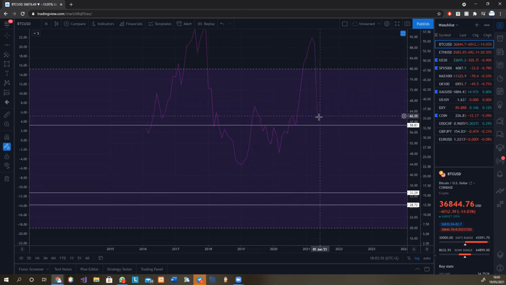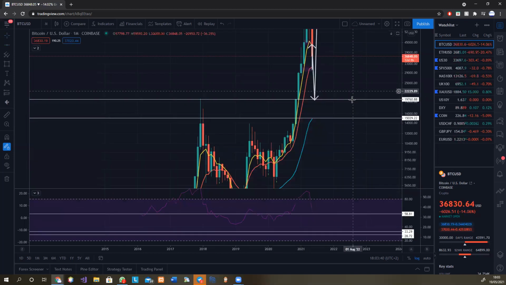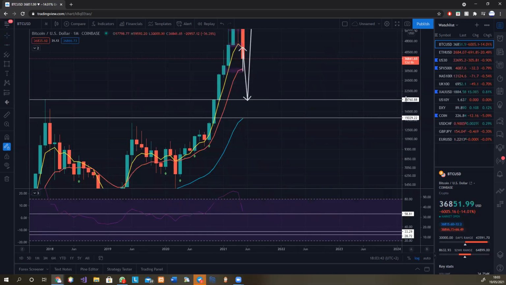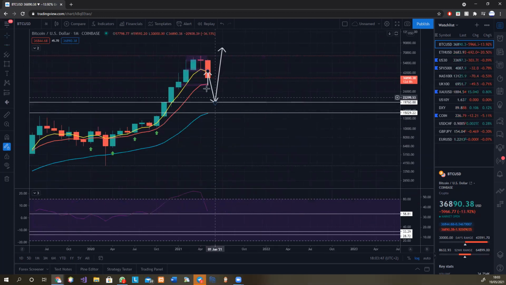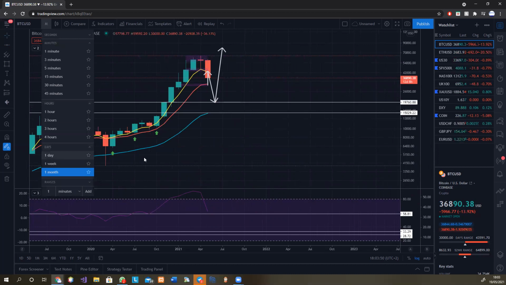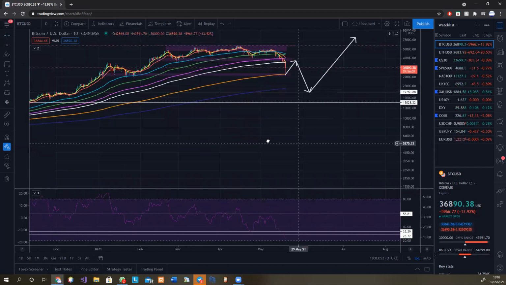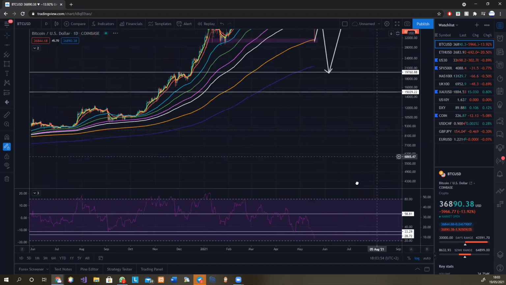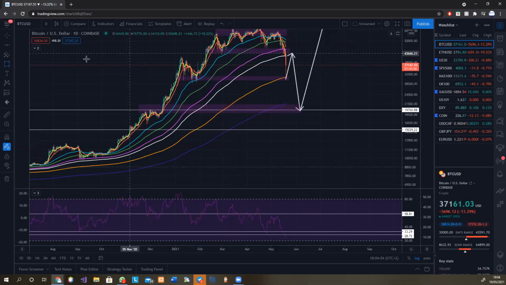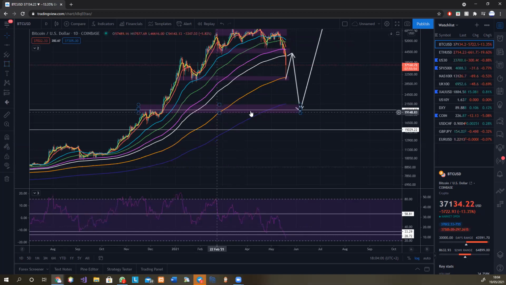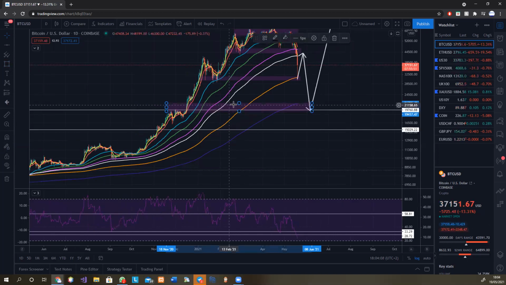So what I'm predicting is the first move is going to come to here, the RSI to 58, mark my words, 58, which will most likely be this zone. Exactly, it is most likely going to be this zone.